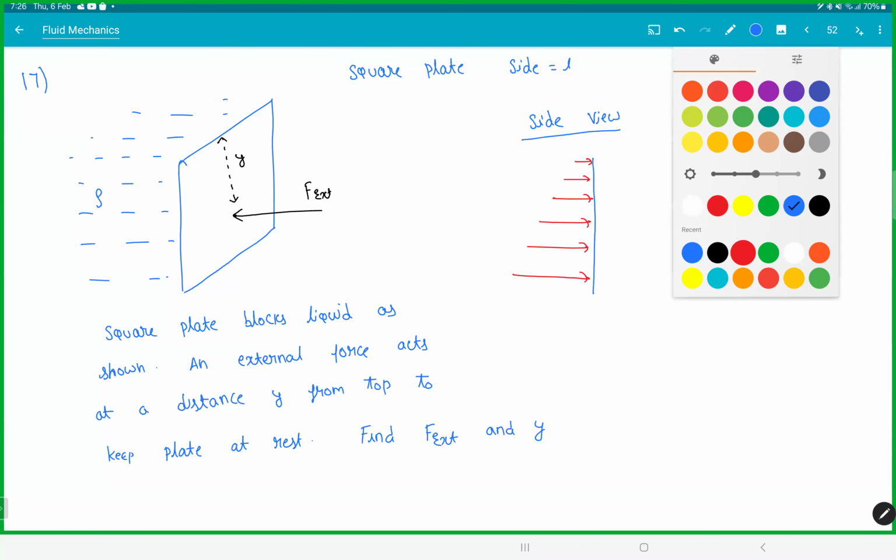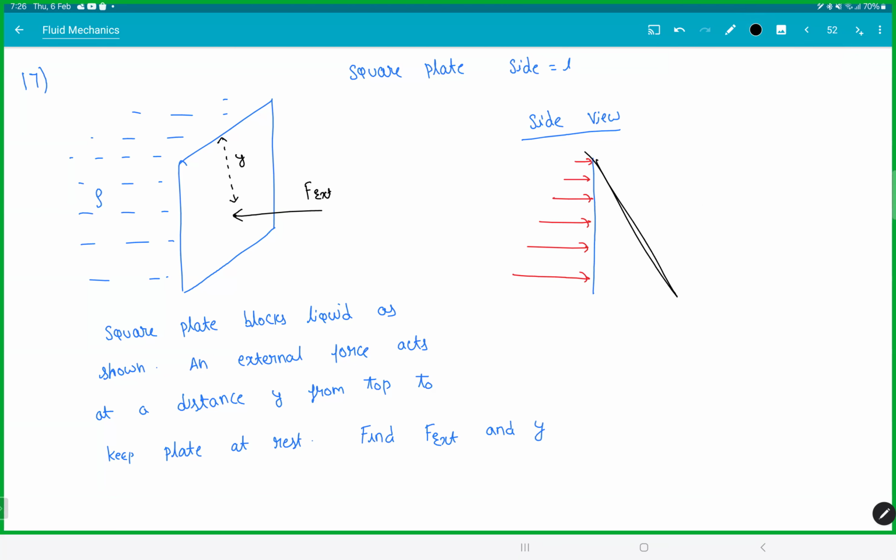Think about it. If there is more torque at the bottom, the tendency of the plate is to rotate like this, isn't it? So if you apply the force on the top, then the plate will come out. If you apply the force at the bottom, there is a chance the plate will rotate inside. Right? So there is a particular spot where you should apply it.